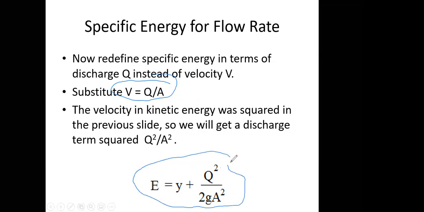So actually this is the same specific energy, but now we express it in terms of the flow rate.